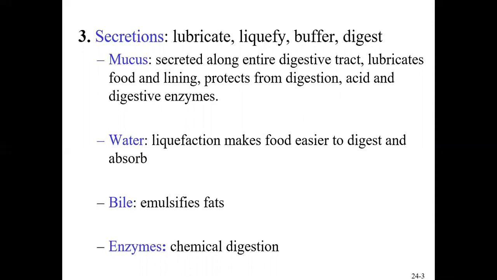And so you can see on the slide several different types of secretions. For example, mucus, that is a secretion found in the GI tract. We usually think about mucus in the respiratory tract, but we find it here again in the digestive tract because you need something to help lubricate the food as it's moving through, lubricate the esophagus and the stomach. It also helps protect your stomach, especially from digestion.